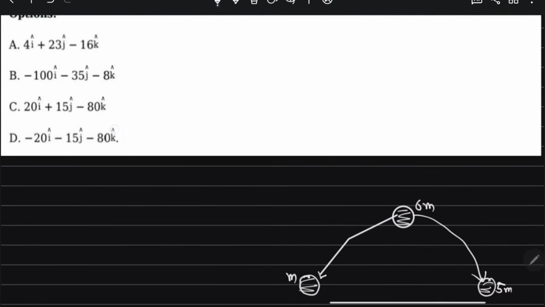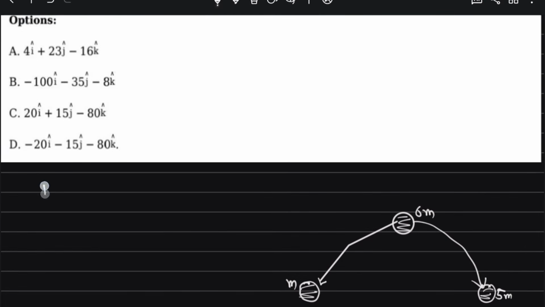The smaller mass flies off, so P initial is equal to P final. M U is equal to M1 V1 plus M2 V2.